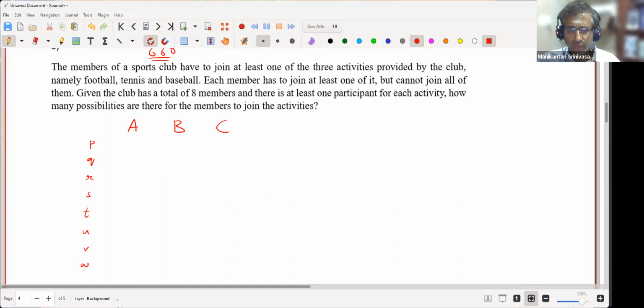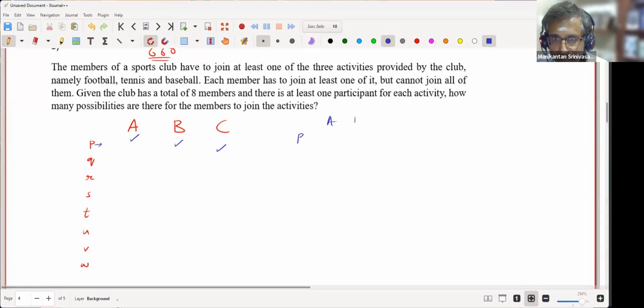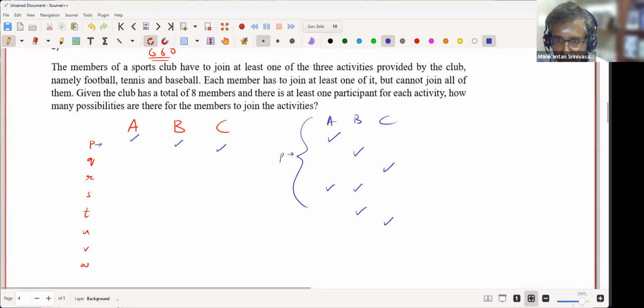Now, the 6 that she's saying is, if I look at P itself, P can take just A, or just B, or just C, or P with A, B, and C. So these are the choices for P. He has multiple options: just A, just B, just C, or A and B, or B and C.